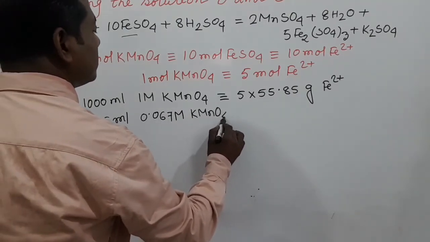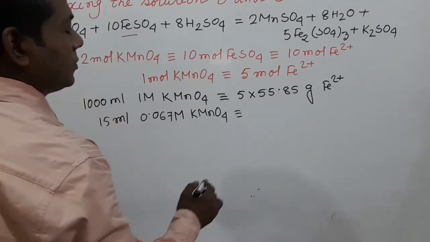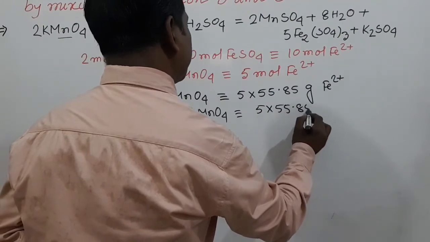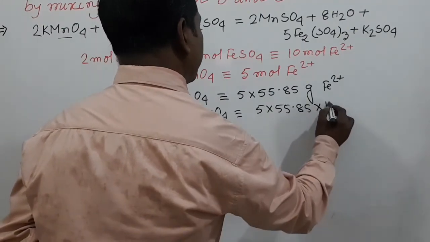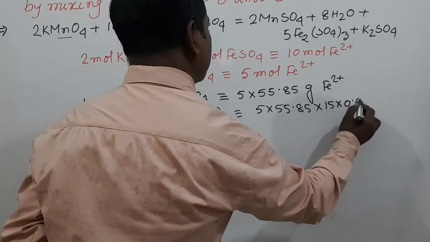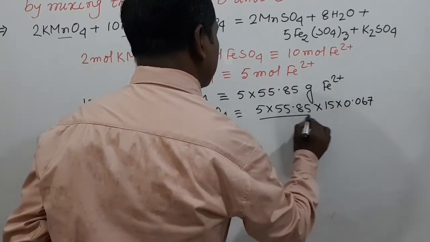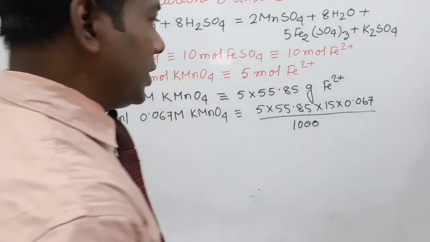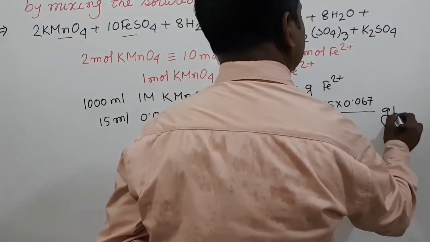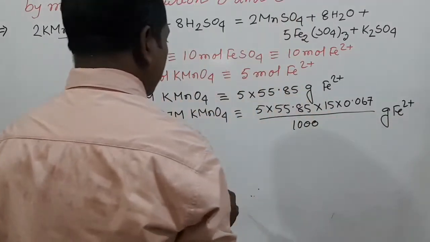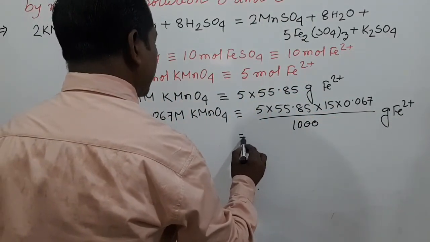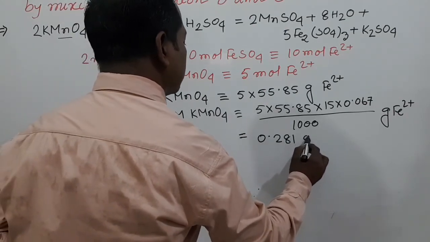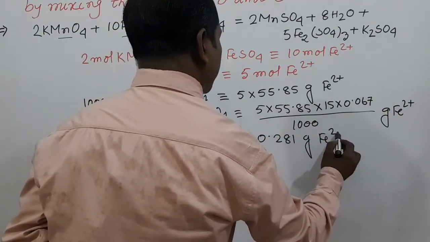KMnO4 is equivalent to 5 into 55.85 into 15 into 0.067 divided by 1000 gram Fe2+, and we get the answer 0.281 gram Fe2+.